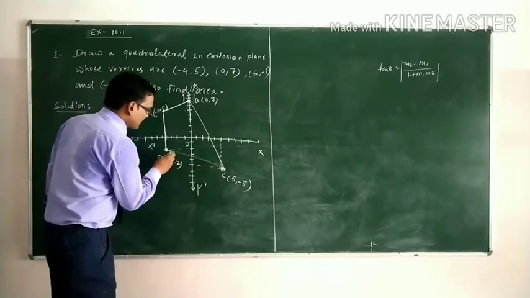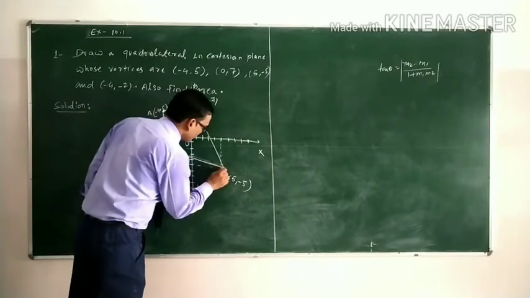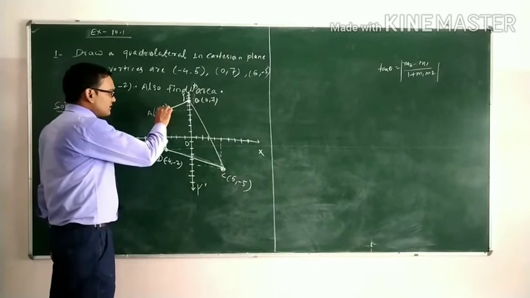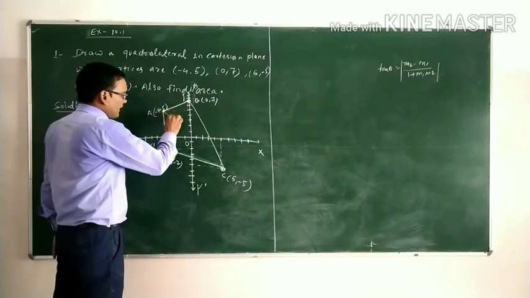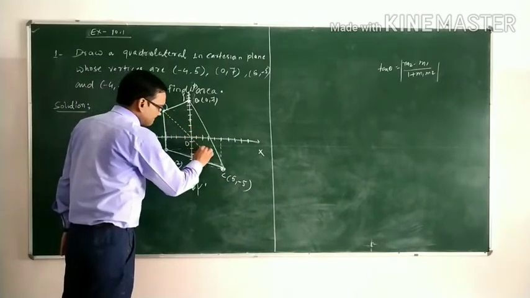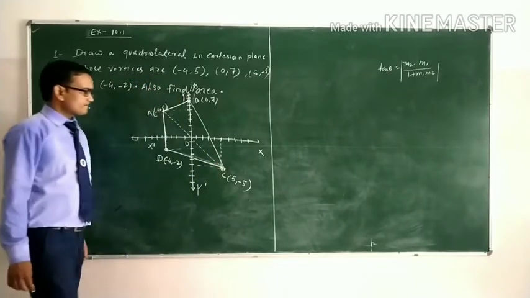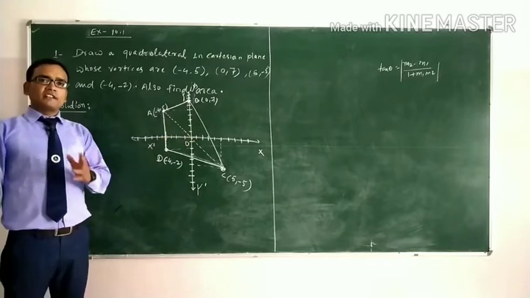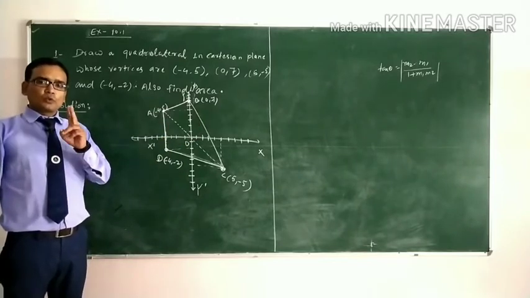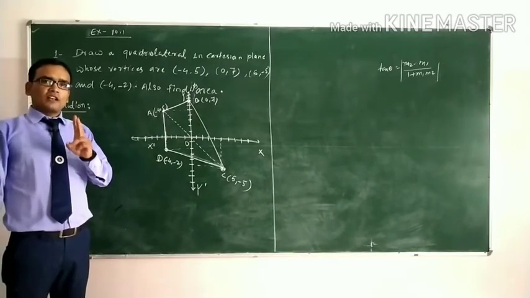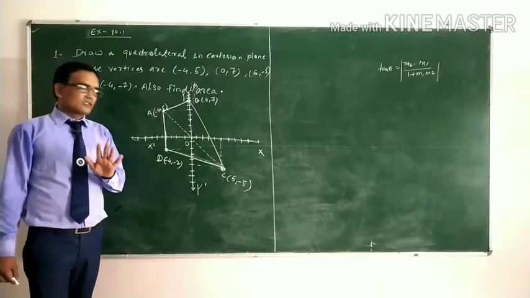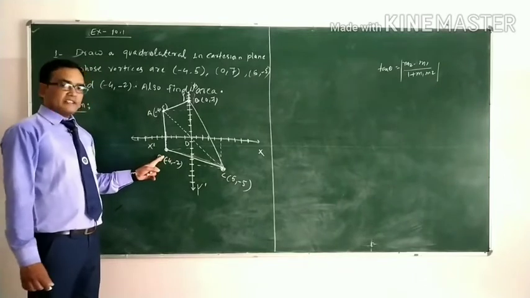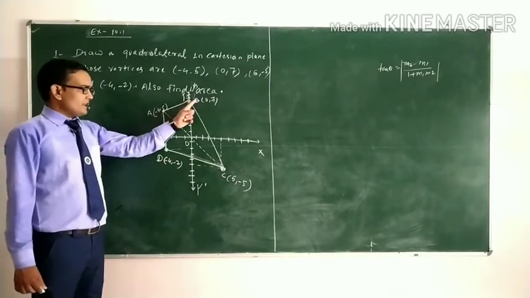Okay students, we join the points A and C. Here the quadrilateral is divided into two triangles. First triangle is ACD and second triangle is ABC.